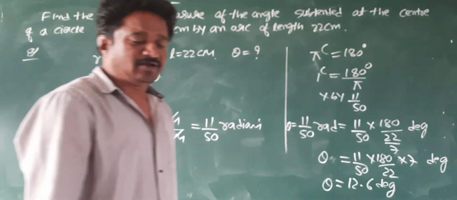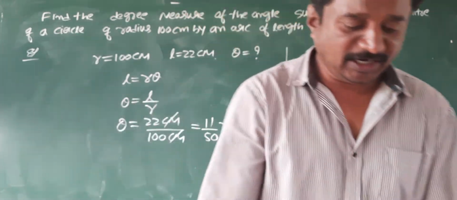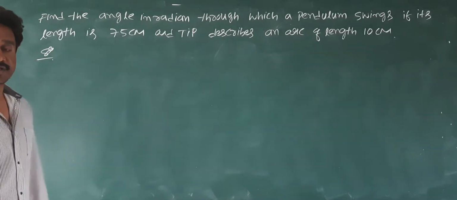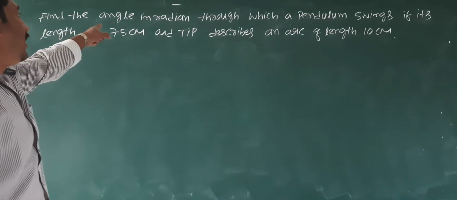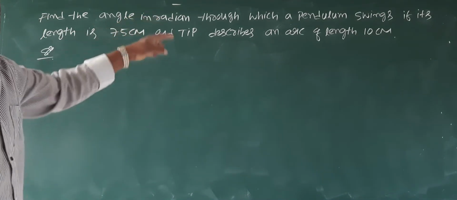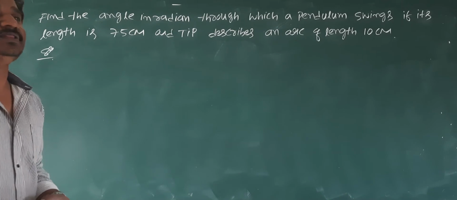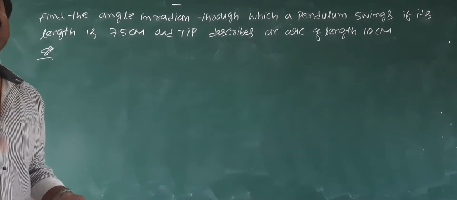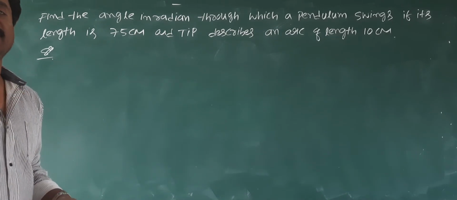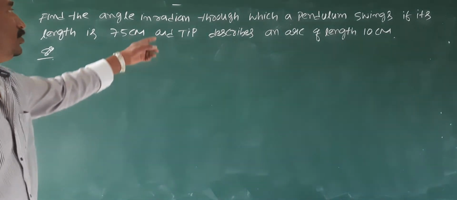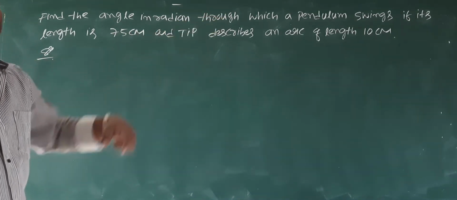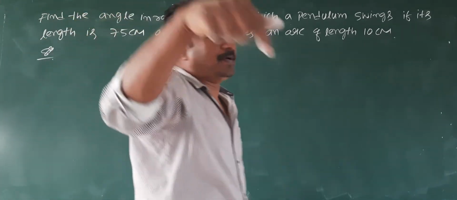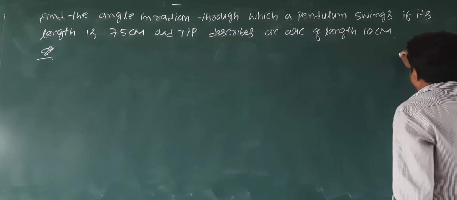Let us go for solving one more question. Look at this one more simple question, students. Find the angle in radians. Here it is asked to find the angle in terms of radians, through which a pendulum swings. Have you seen the swinging of a pendulum?